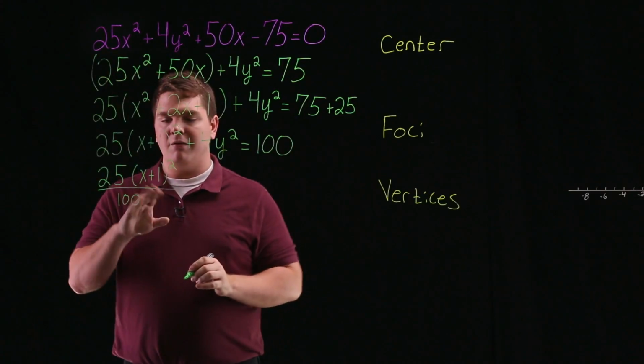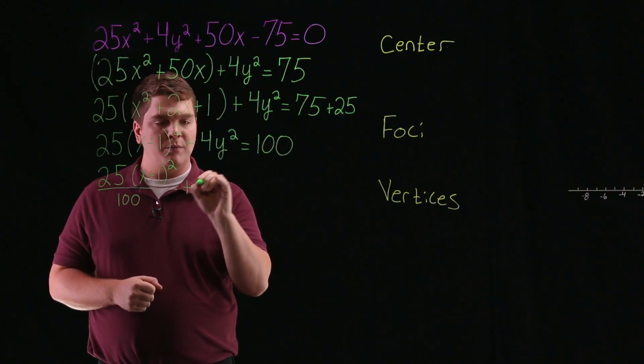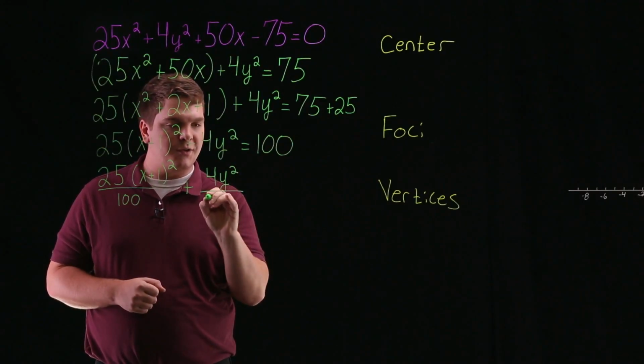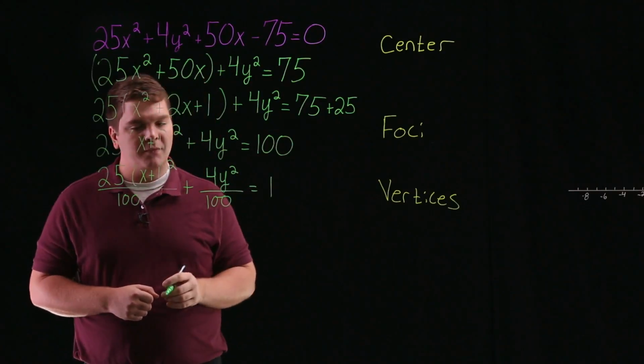So we're left with 25 times quantity x plus 1 squared divided by 100 plus 4y squared divided by 100 is equal to 1.